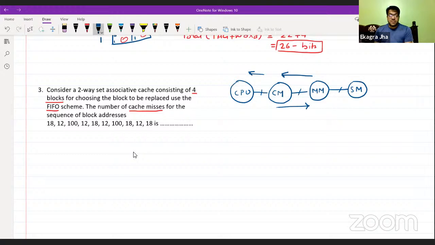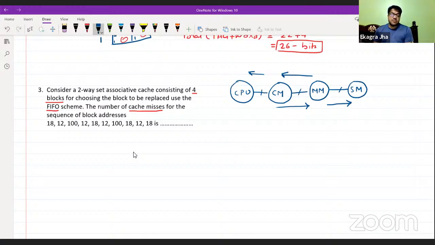But if there is a miss in the main memory, hence the memory doesn't contain that particular data or block, the reference is again transferred to the secondary memory, and you are able to find every data in the secondary memory. So basically there are two factors here: number of misses, or miss ratio, and hit ratio.